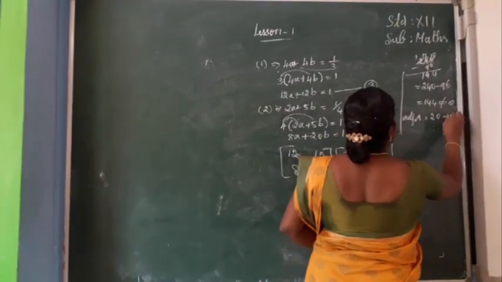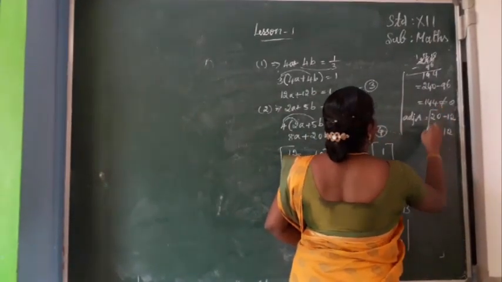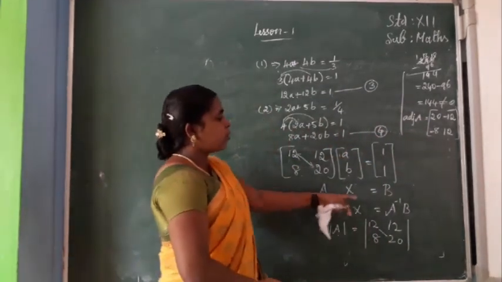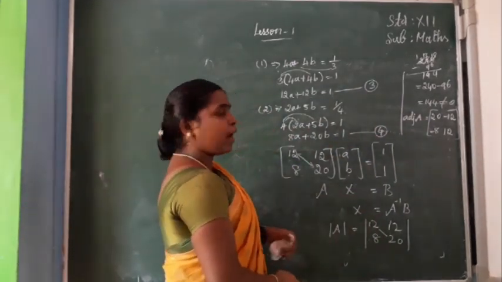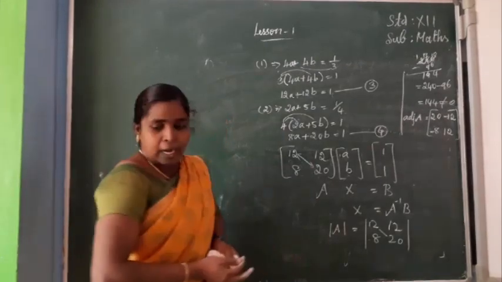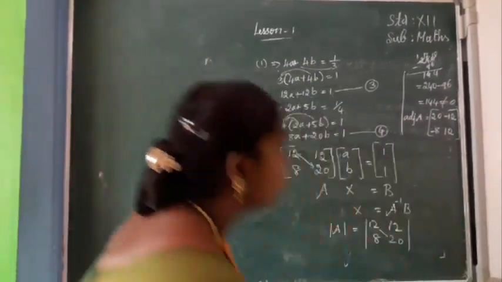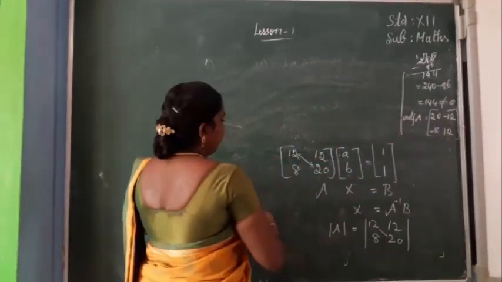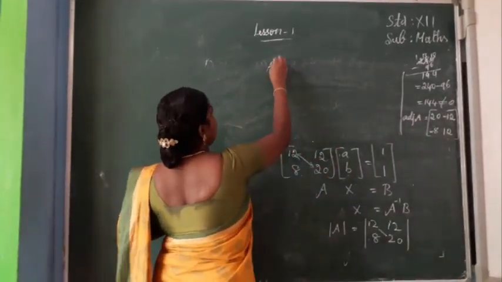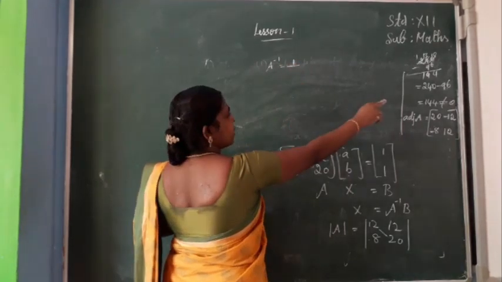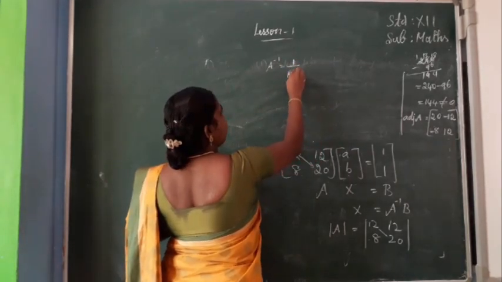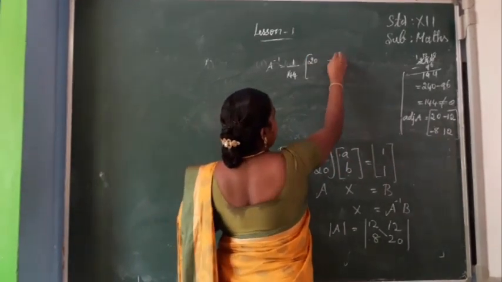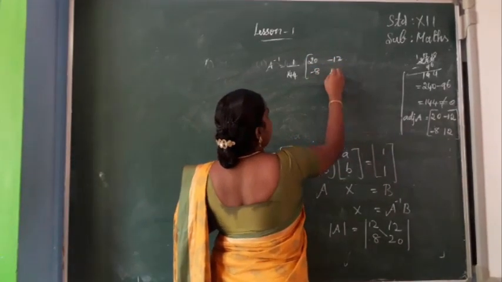This is the adjoint. Next, A inverse equals 1 by determinant A into adjoint A. The determinant value is 144, and the adjoint is 20, minus 12, minus 8, 12.